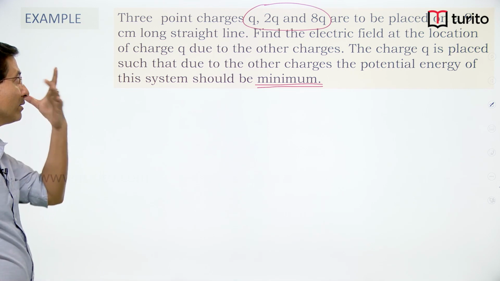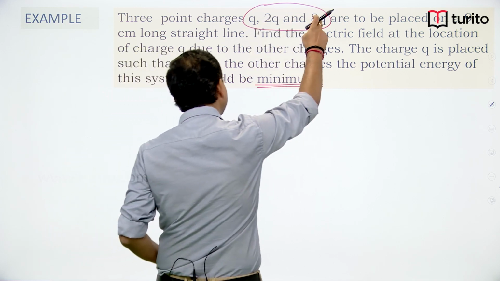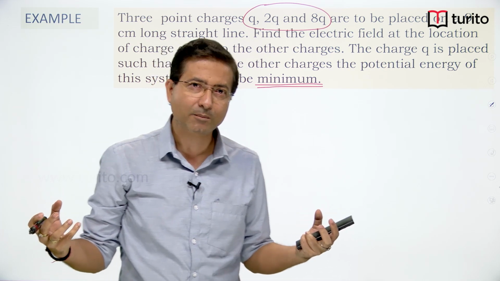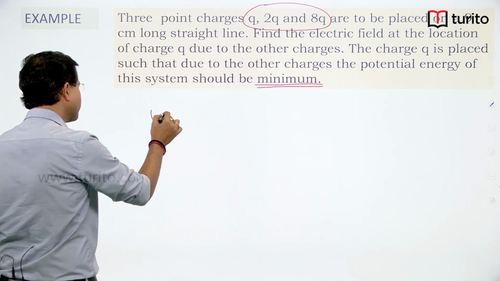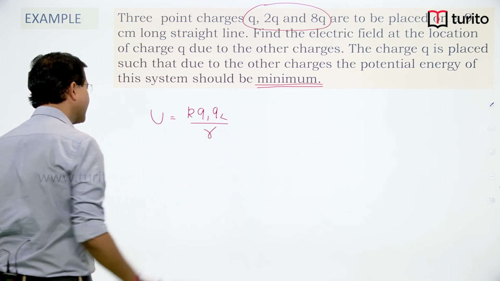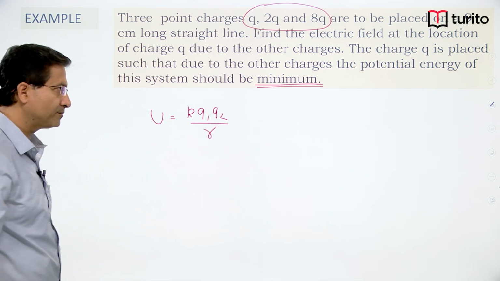To have the minimum potential energy, one thing is clear: these two, which are the largest, must be kept at the larger distance apart, because if the separation is less, k q1 q2 divided by r, the potential energy associated will be more.